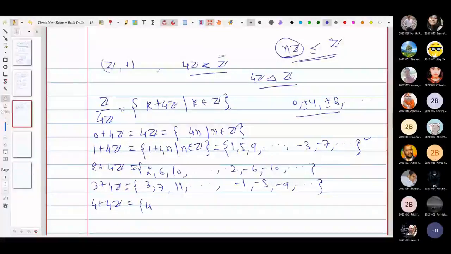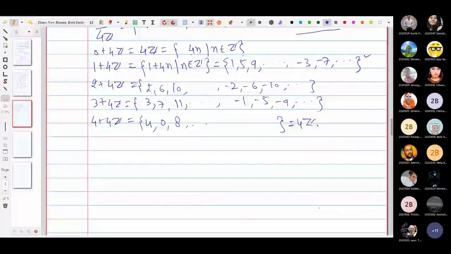So you will get 0 in one place, and 8 in another place. Like this. But finally you will get 4z only, because 4 is absorbed in this one.